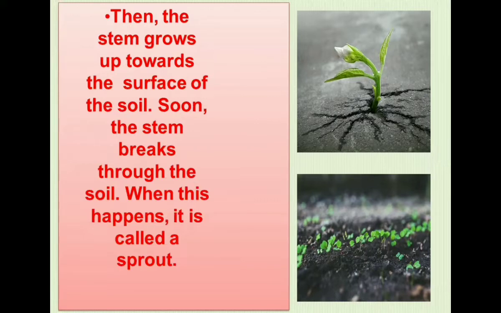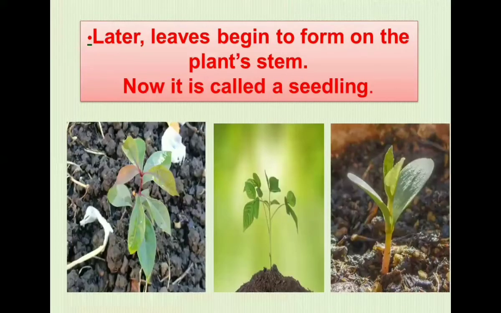So here in this picture, you can see how it comes out of the surface, and this process is called sprout. Later, leaves begin to form on the plant stem. Now it is called a seedling.